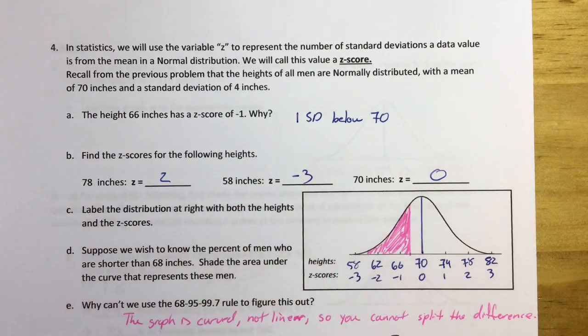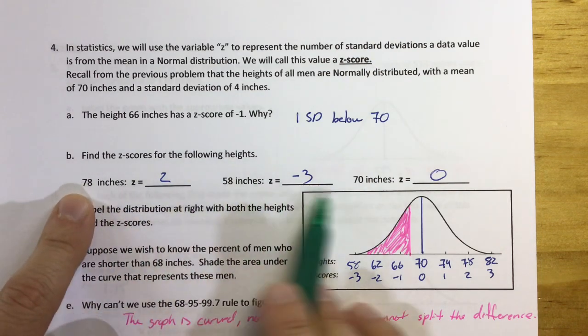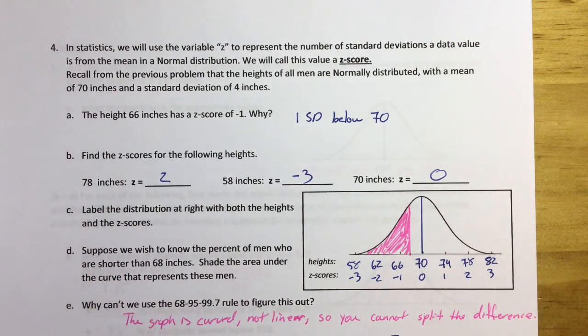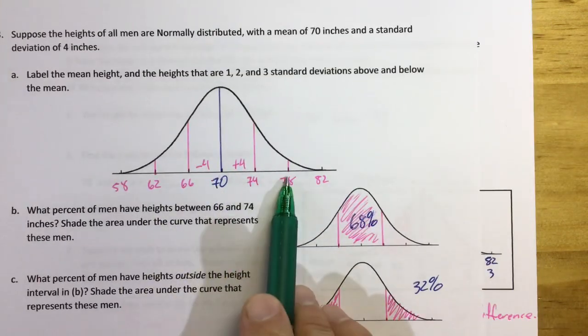Okay, so that'll be one thing about the z-score that we might not talk too much about within the standard deviations, that above and below, you can either be positive or you can be negative. It was mentioned in 6b, but now we're really going to use that positive versus negative here. All right, so let's check out these. 78 inches is right here, which is 2 standard deviations above.